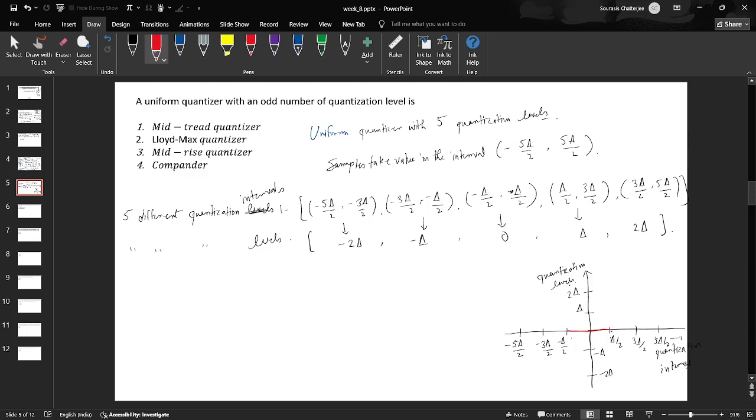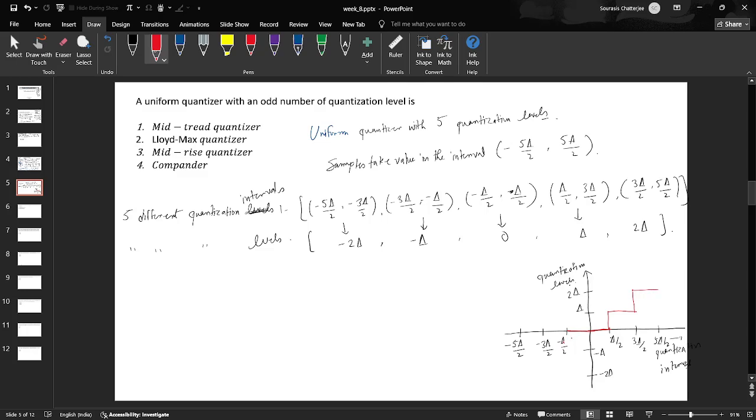The moment it goes out of this interval, that is, it moves into another segment, delta over 2 to 3 delta over 2, we know that the whole interval is mapped to a single value, delta. So there is an abrupt rise here, and this is going to hold for the entire interval duration. The moment the sample value shifts from this interval to the interval 3 delta over 2 to 5 delta over 2, the quantizer maps it to 2 delta.